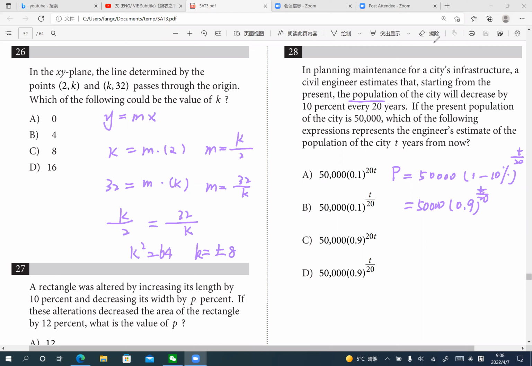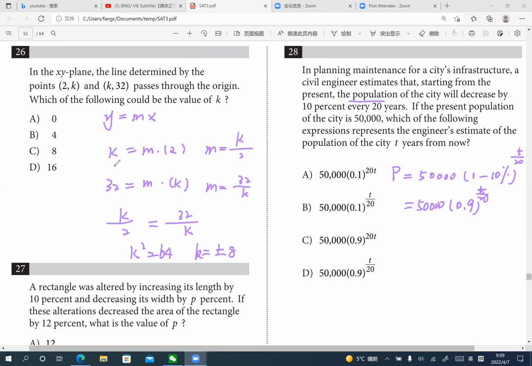Because the line passes through the origin, we know the equation should be in the form y equals mx, because the y-intercept b is 0. And as we know, the line passes through 2 points, one is (2, k), another is (k, 32). So we should plug in the 2 points.